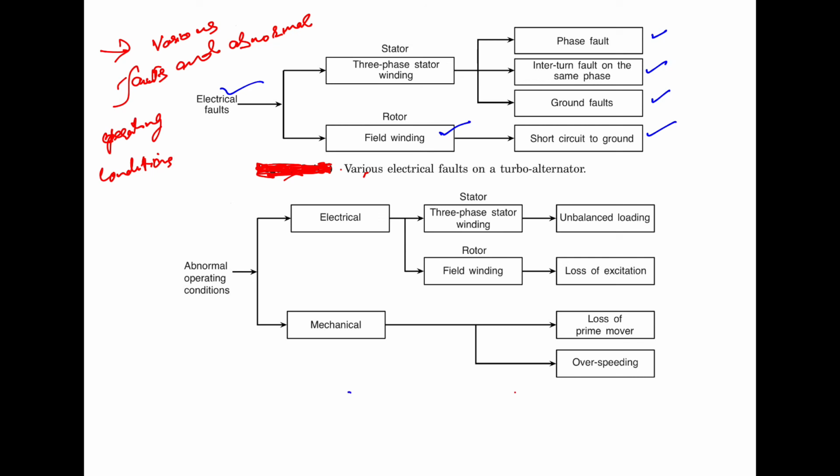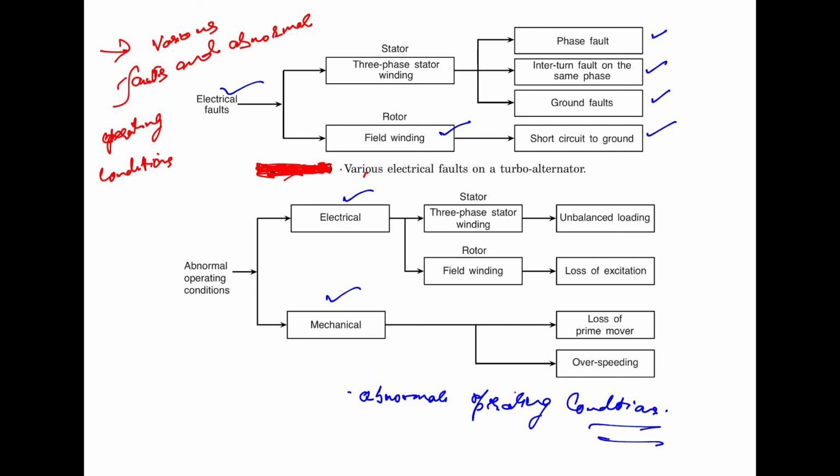Now the second diagram shows the abnormal operating conditions. Abnormal operating conditions can be electrical and mechanical.